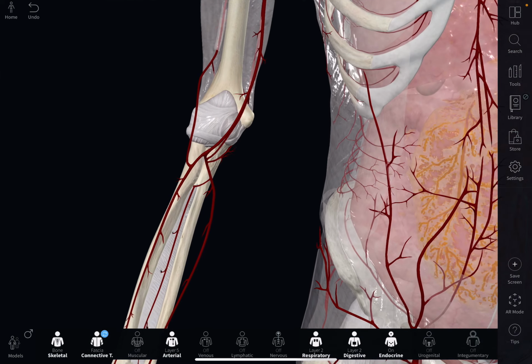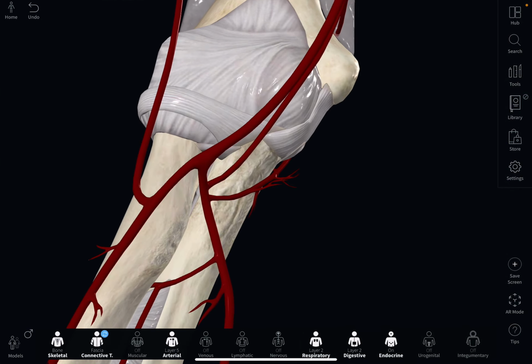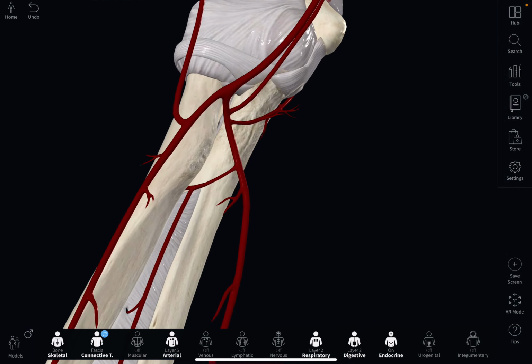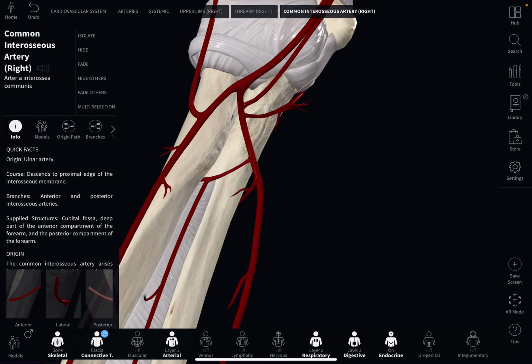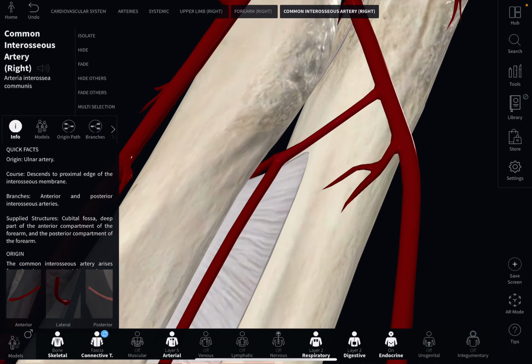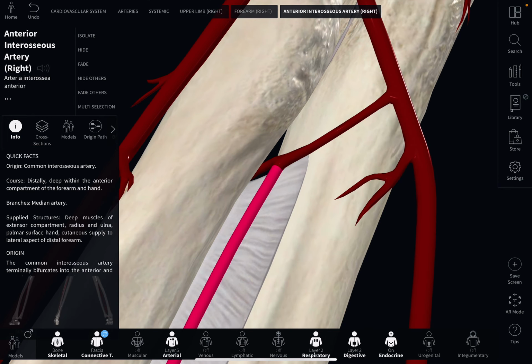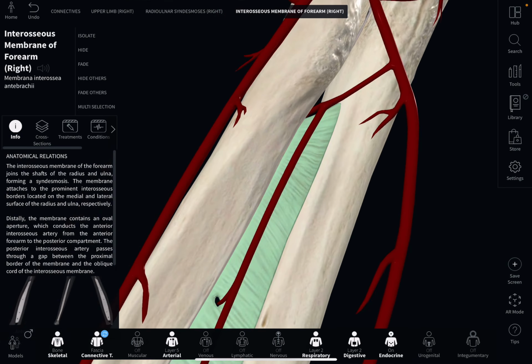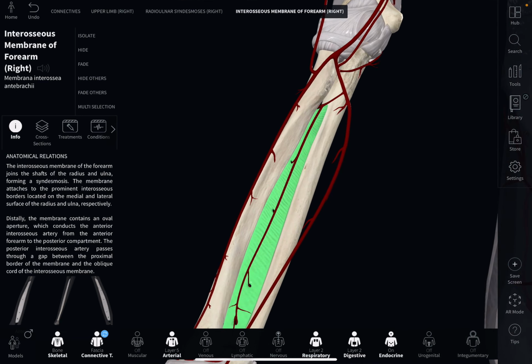So we have the brachial artery here. The brachial artery divides into the radial artery and the ulnar artery. The ulnar artery gives a branch known as the common interosseous artery. The common interosseous artery divides into two branches. One goes anterior to the interosseous membrane, which holds the radius and the ulna together, and you can see this artery running on the interosseous membrane.